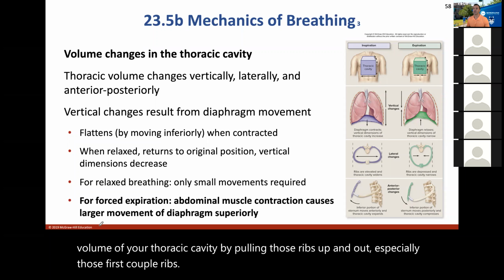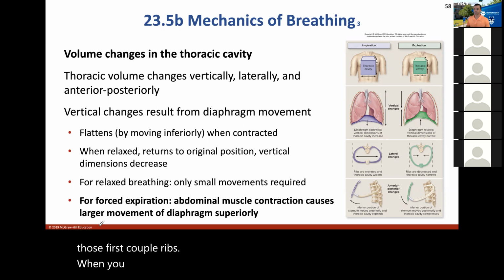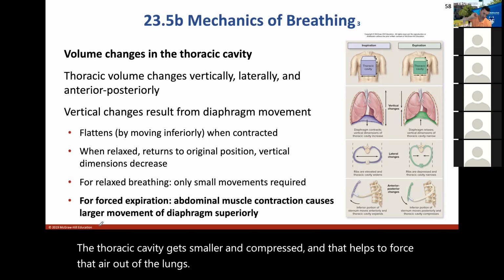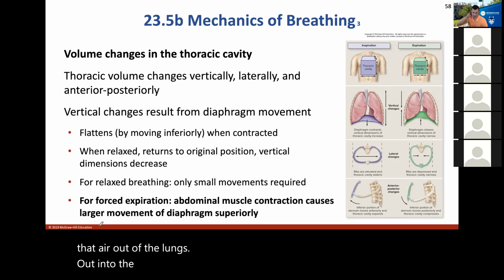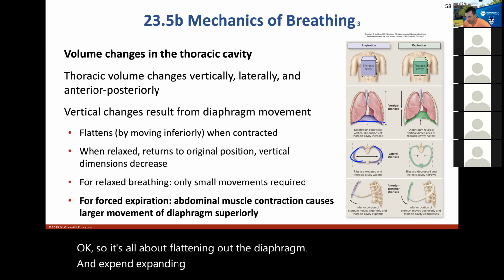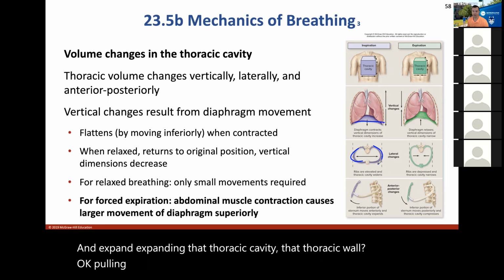When you exhale, the thoracic cavity gets smaller and compressed, and that helps to force that air out of the lungs into the atmosphere. So it's all about flattening out the diaphragm and expanding that thoracic cavity, that thoracic wall. Pulling the ribs up and out, all these fun things.